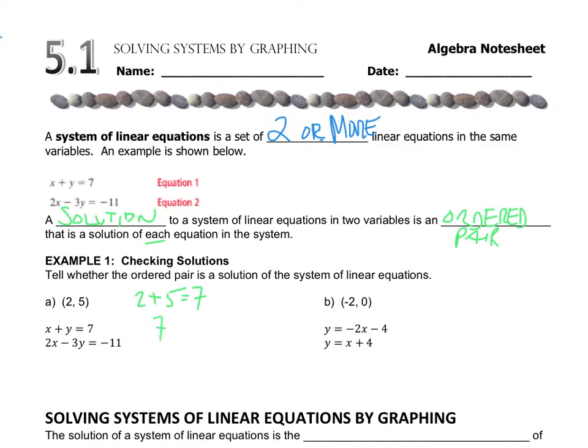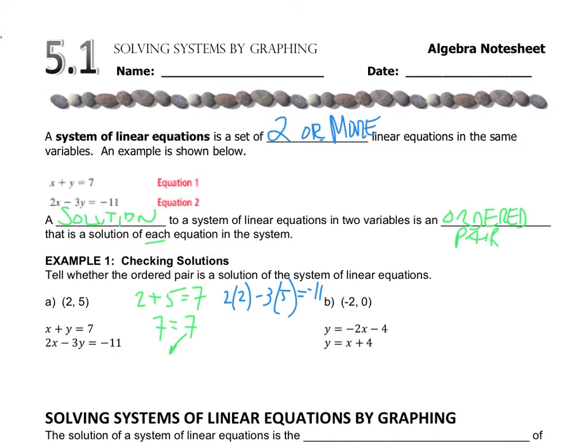Well, 2 plus 5 is 7. The other side is a 7. So that works. So I also need to check it in the second equation. For the second equation, I have 2, the 2 goes in for the x, minus 3, the y becomes a 5, and it has to equal negative 11.